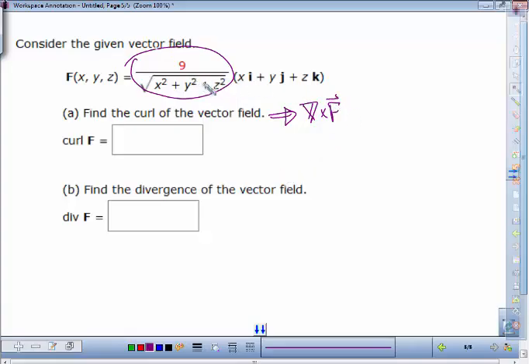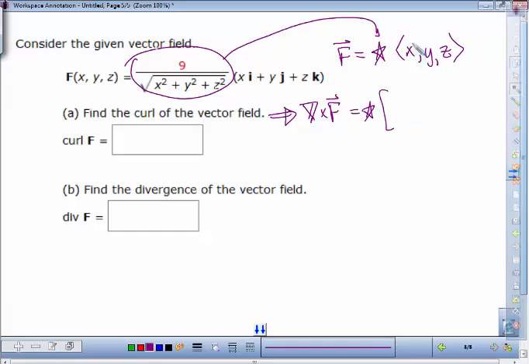And what I'm going to do is look at F as some scalar times the i component, the j component, and the k component as a vector. So I'll just focus on the x, y, z vector and then work with that and then just multiply everything by star at the end. So the curl is going to be star.